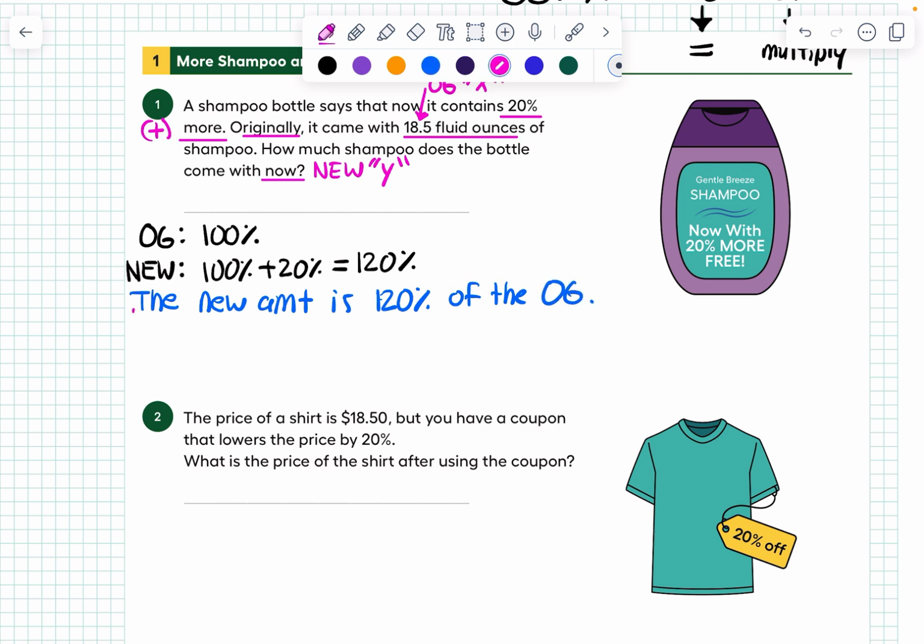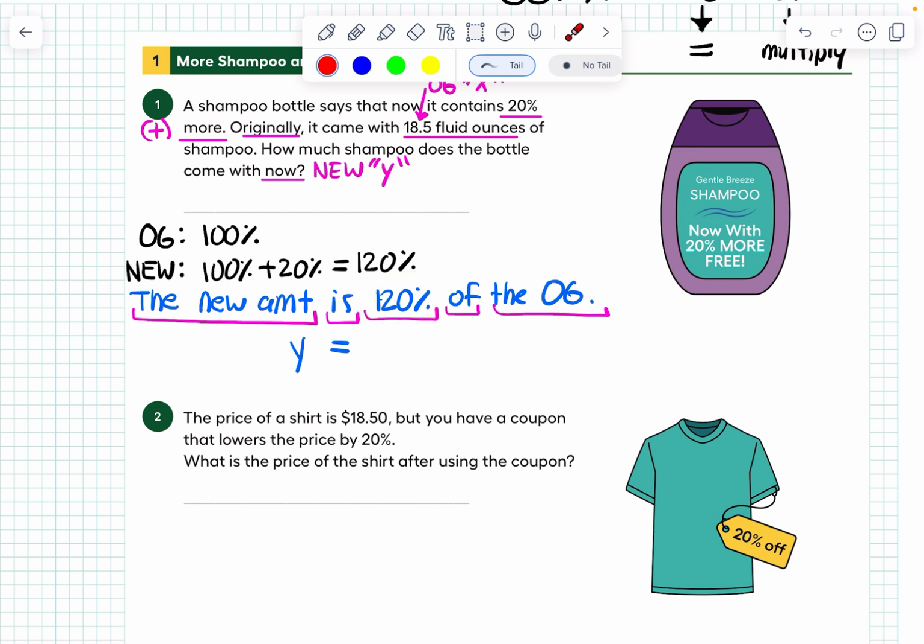And we're going to break this down. We're going to kind of apply Google Translate to this. Okay? The new amount is always, remember that new, we're going to use Y to represent. Is means equals. Now you always have to take this to a decimal.